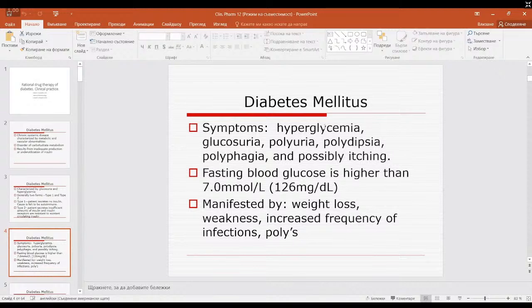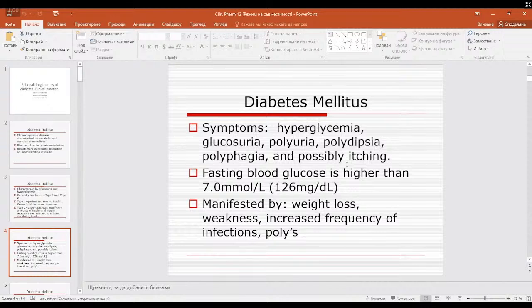When it has become symptomatic, it is related to hyperglycemia, glycosuria, polyuria, polydipsia, polyphagia, and sometimes itching. But type 2 diabetes can go on for years without the patient having any symptoms, especially in patients who don't go to regular medical checkups, who don't measure their blood glucose levels, or have no laboratory tests.